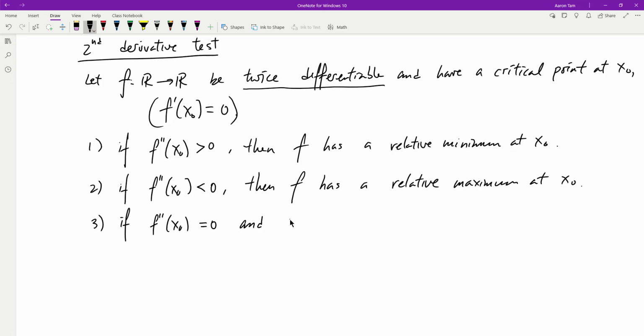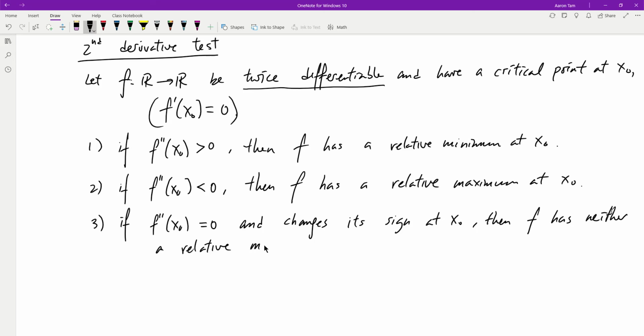But I'm going to identify one extra thing: if f double prime changes its sign at x sub 0, then f has neither a relative max nor a relative min. As a matter of fact, in this case, you should know exactly what happened. f has an inflection point.